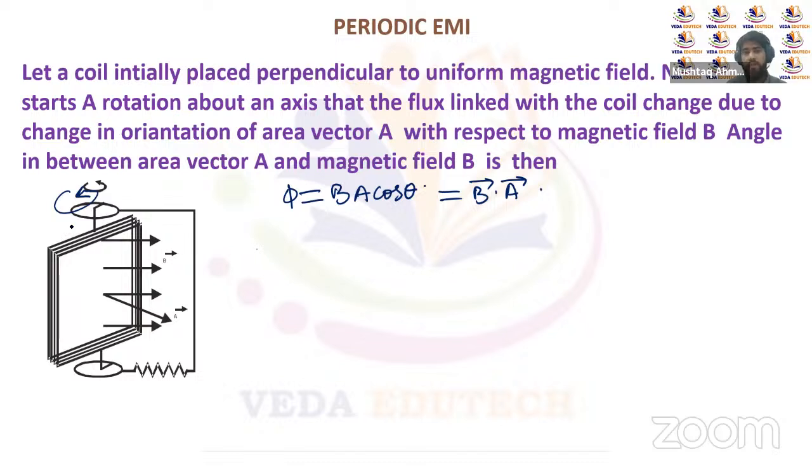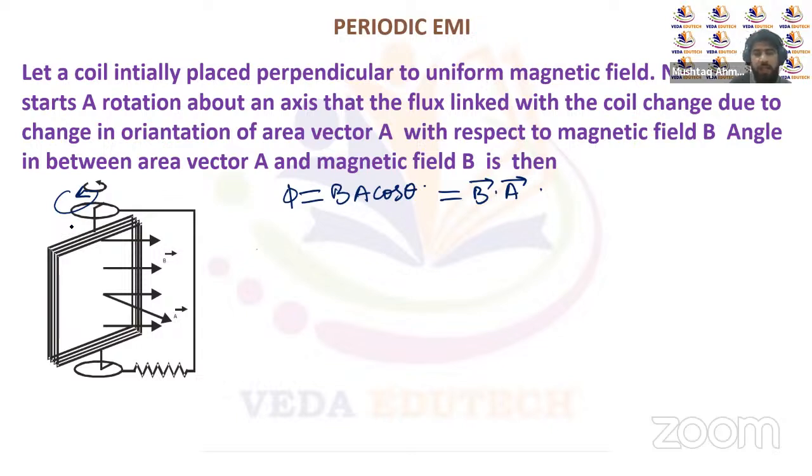The flux linked with the coil will change due to the change in orientation, because we know that when the orientation changes between the area vector and the magnetic field vector, then definitely the flux is going to be different. If the flux changes, the EMF will be induced, right?